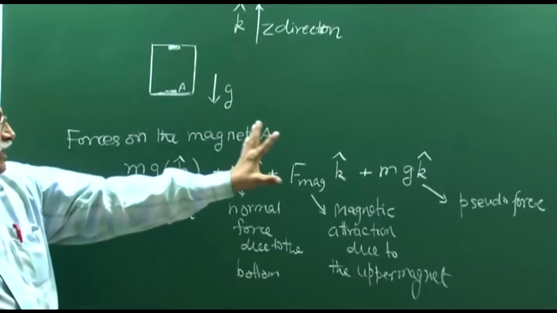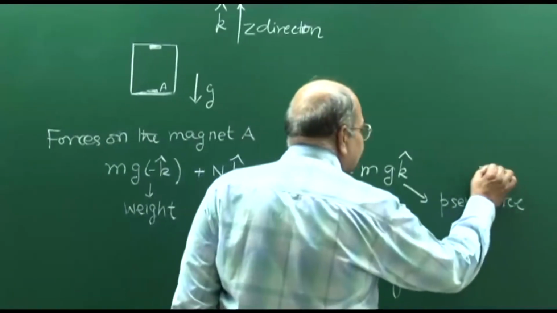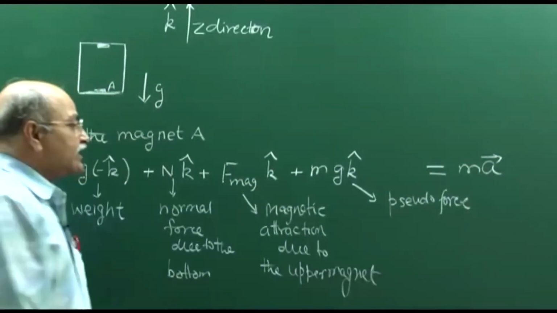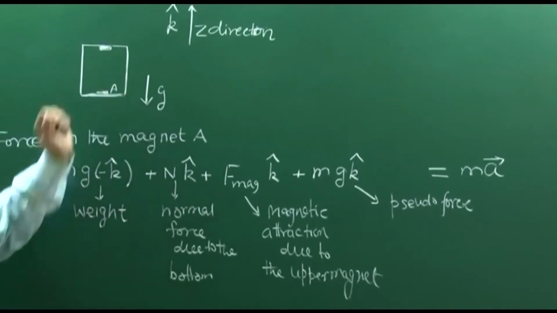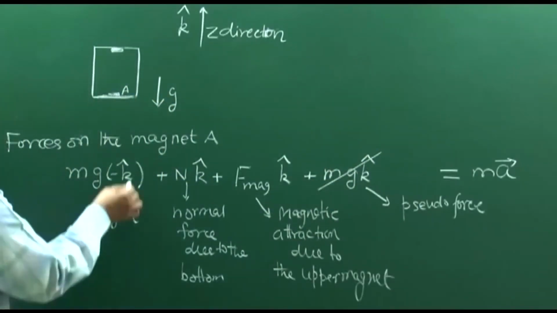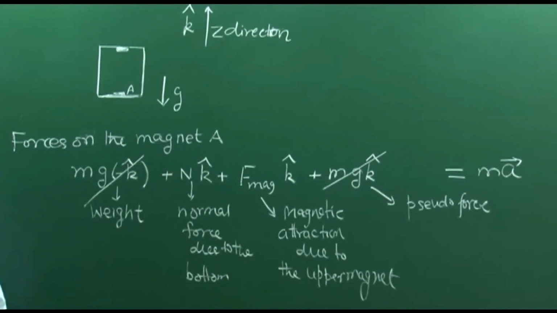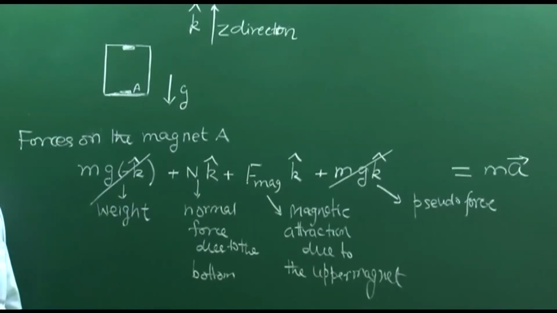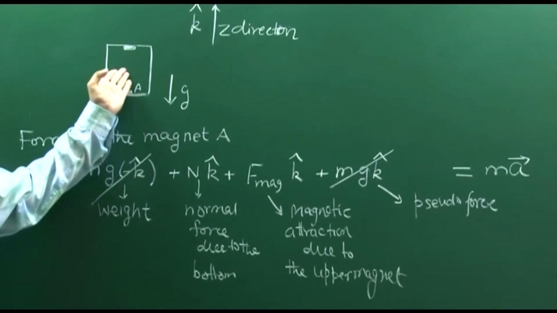So, this is the total force on this, and that should equal mass times acceleration. This acceleration is the acceleration of this object with respect to our falling box frame. Now, you can see that the pseudo force in this case cancels with the weight, and then you have only these forces, normal force and magnetic force, and both are upward, and therefore this magnet should accelerate in upward direction.